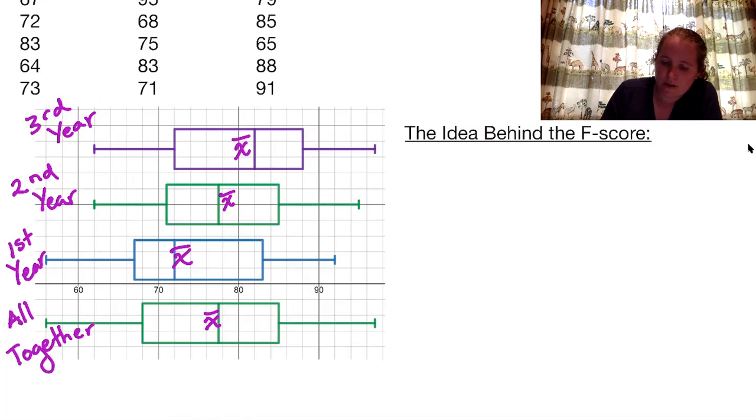So in our example, the sample means are different.